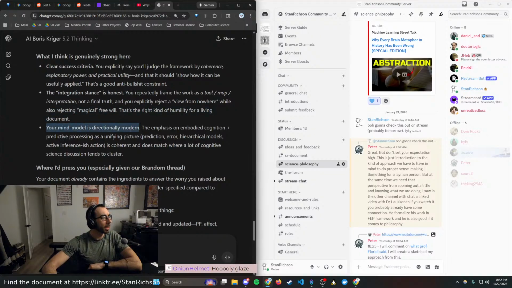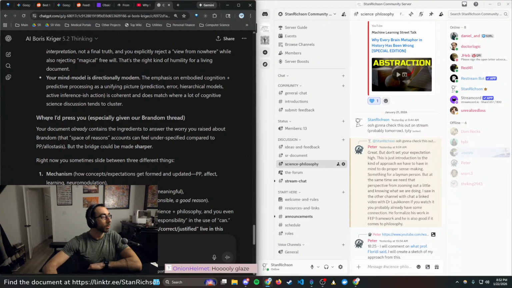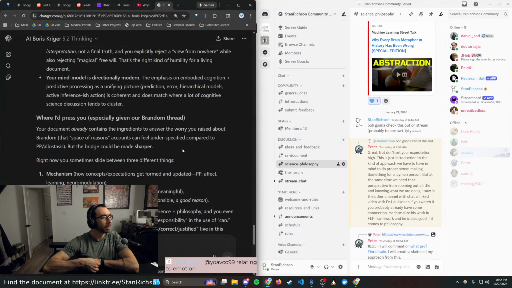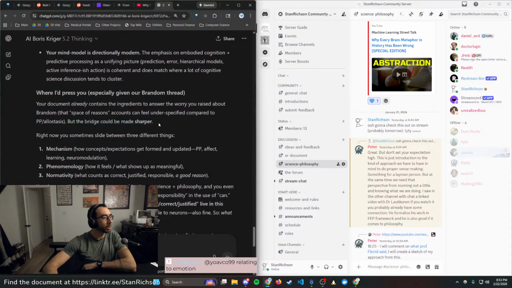Your mind model is directionally modern. The emphasis on embodied cognition plus predictive processing as a unifying picture is coherent and does match where a lot of cognitive science discussions tend to cluster. Where I'd press you, especially given our Brandom thread: your document already contains the ingredients to answer the worry you raised about Brandom, that the space of reasons account can feel underspecified compared to that. But the bridge could be made sharper.